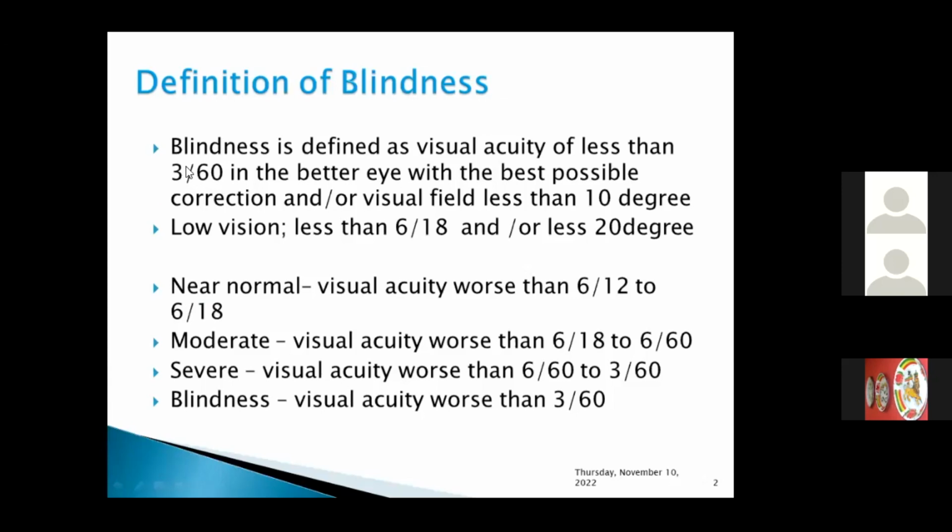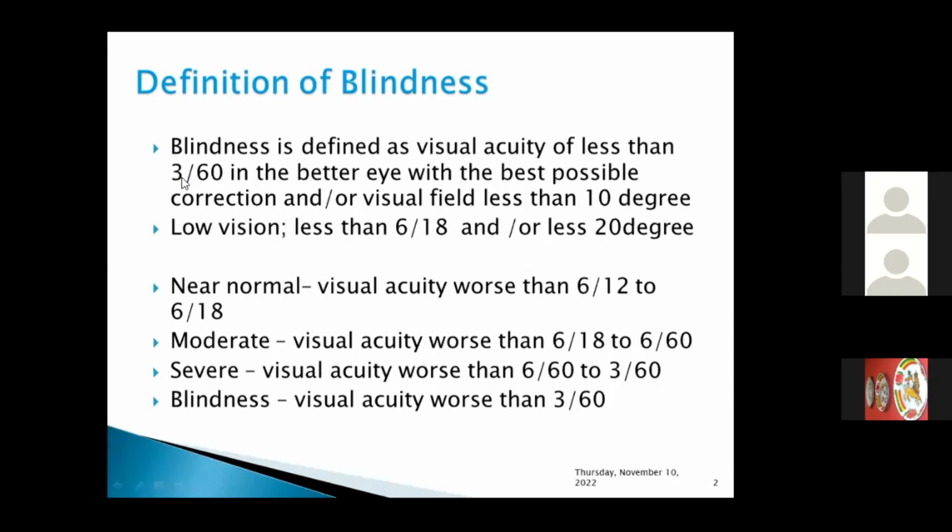What we mean by 3/60, for instance, is an object that can be seen by the average normal individual from 60 meters. Our client can only see it at 3 meters, so he has to come very close.